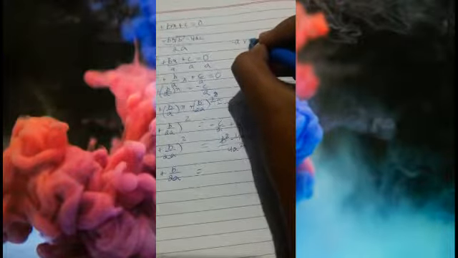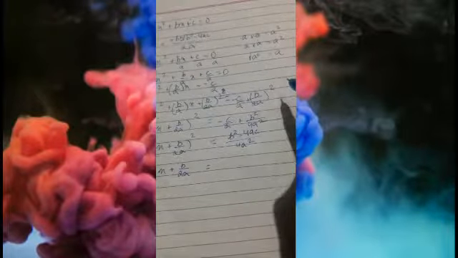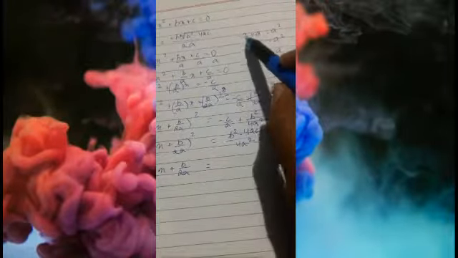For example, if you take minus a into minus a, this gives you a square, and if you take a into a, this also gives you a square. But if you write the root of a square, it will always give you a. This is the definition of a square root, that it always gives you a positive value. But here we want both the positive and negative value, as both give a square.